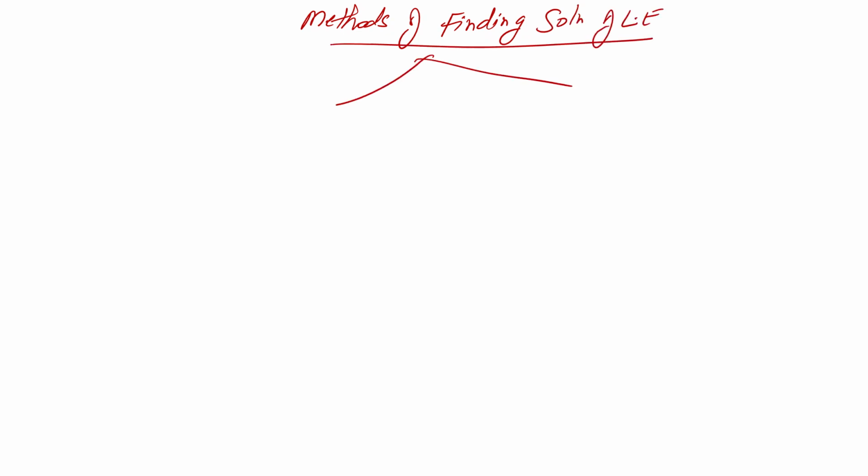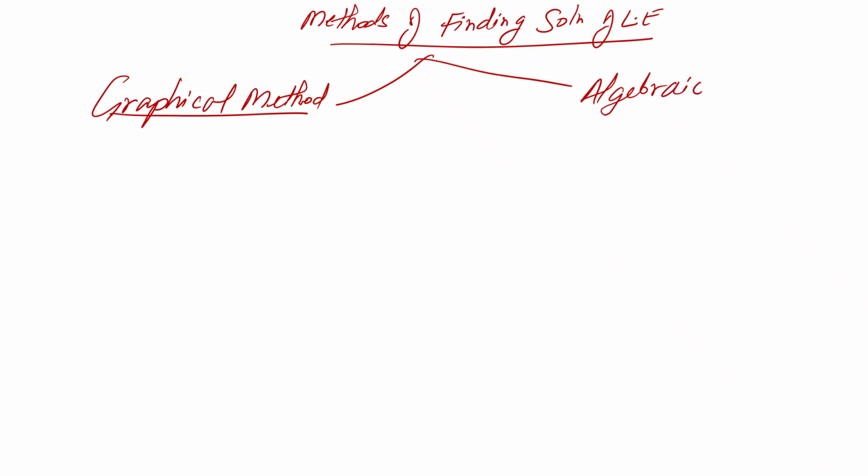Now we are more interested in finding methods of finding solution of linear equations, right? So हमारे पास दो मेथड है. एक है ग्राफिकल मेथड, ये हम बाद में पढ़ेंगे. एंड वन इज अलजेब्रिक मेथड, right?